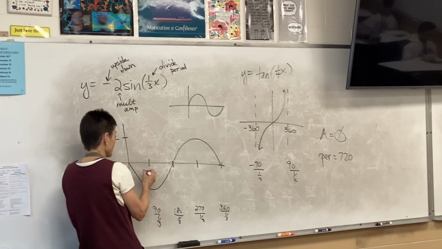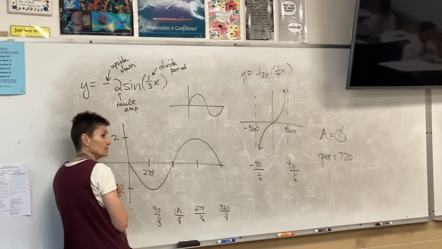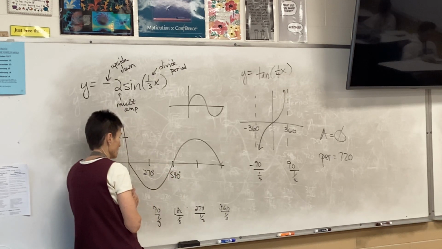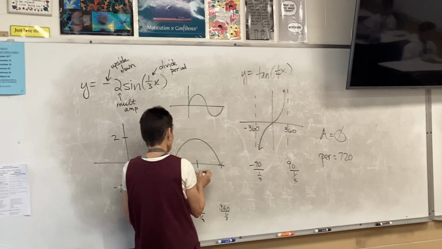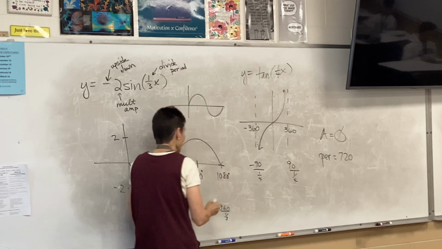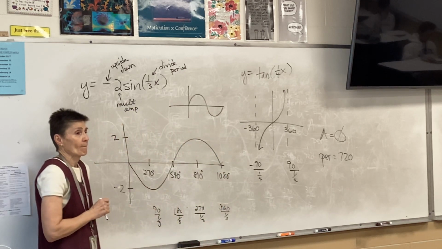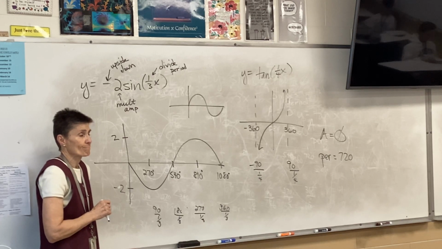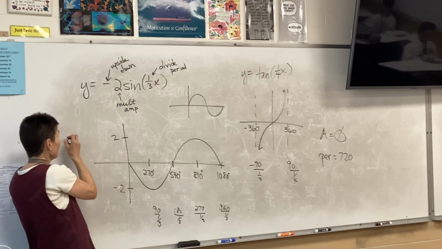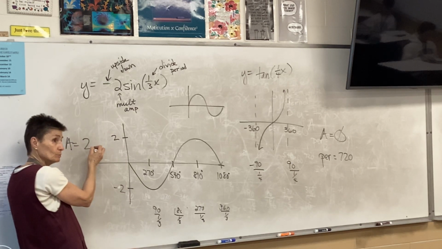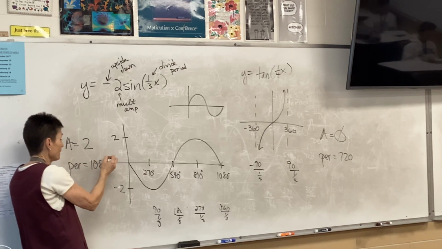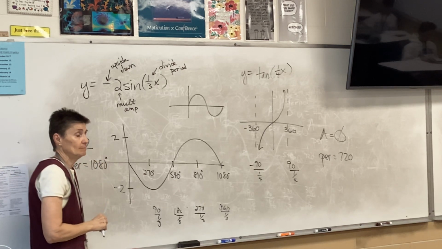So this one is going to be 270, 540, what is it, 810, and 1080, if my math is right. So my amplitude is now 2, and my period is now 1080 degrees.